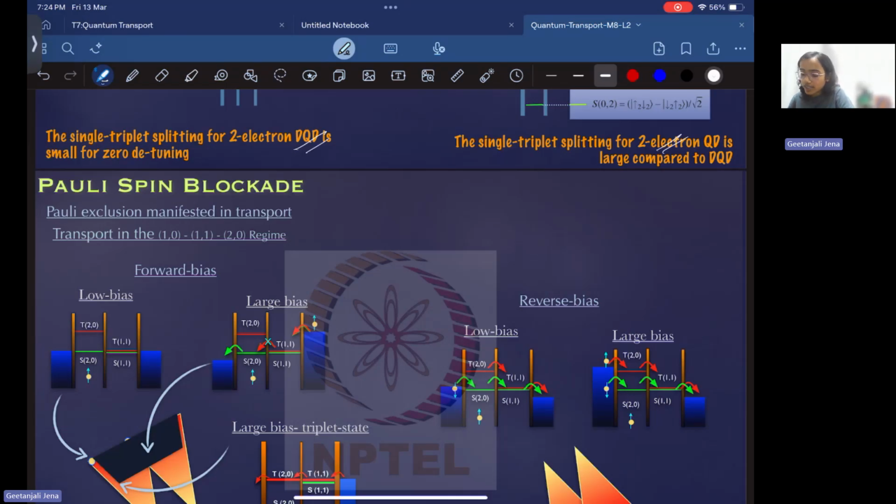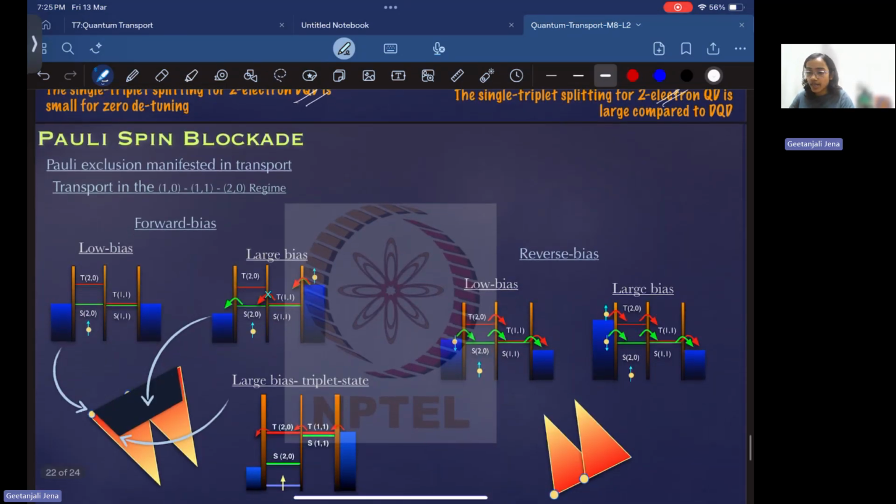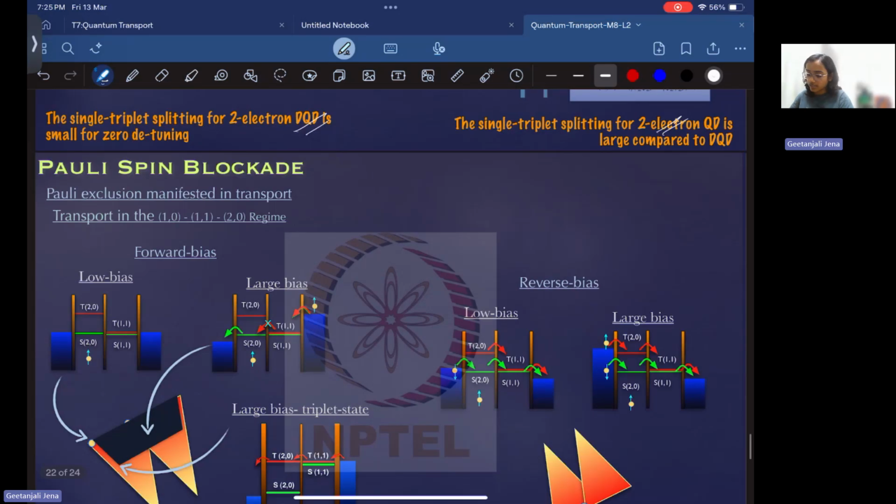Okay, so now let us see what will be the charge transport in the forward bias case and the reverse bias case, in the low bias and the high bias case.